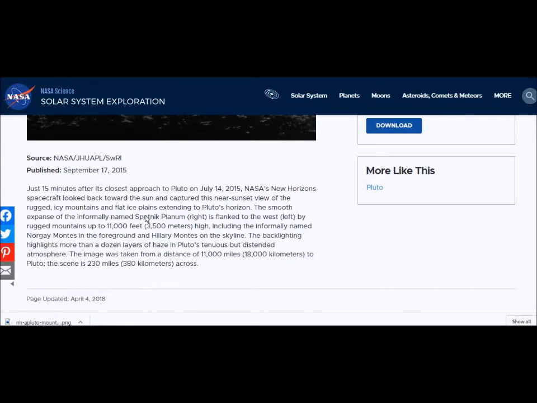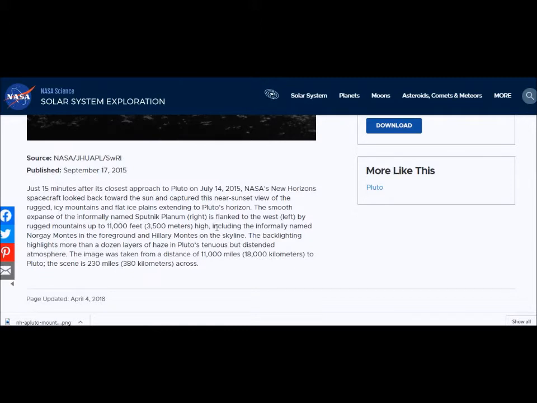The smooth expanse of the informally named Sputnik Planum, right, is flanked to the west, left, by rugged mountains up to 11,000 feet or 3,500 meters, the informally named Norgay Montes in the foreground and the Hillary Montes on the skyline.